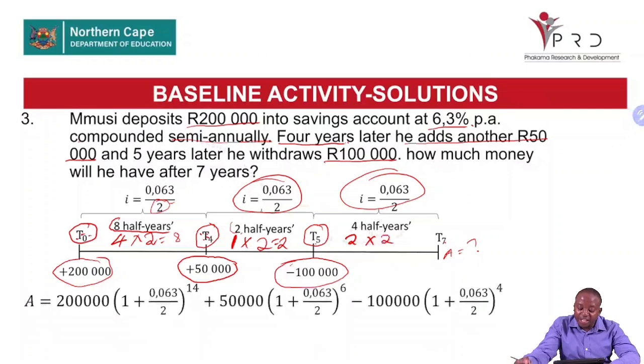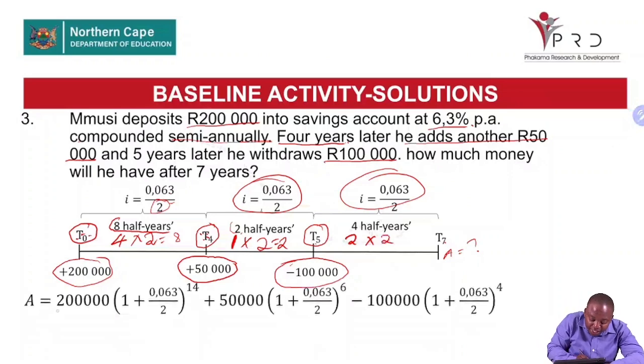Now, each and every disturbance, you will see in the formula that it will be accounted for. For the first part, from here until here, we are accounting for the initial deposit. That is to say, we deposited 200,000. This 200,000 will grow until the end of 7 years. That is to say, it will move from T0 to 7 years.